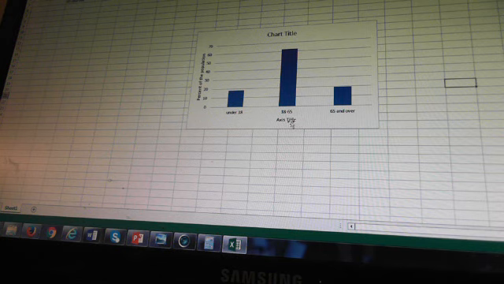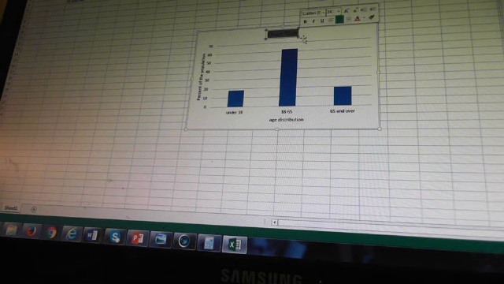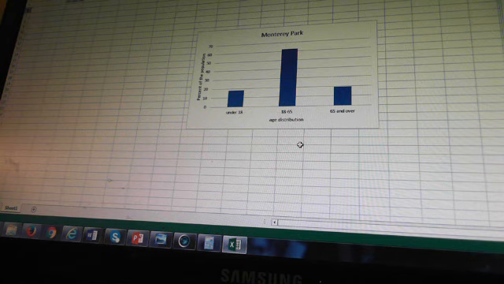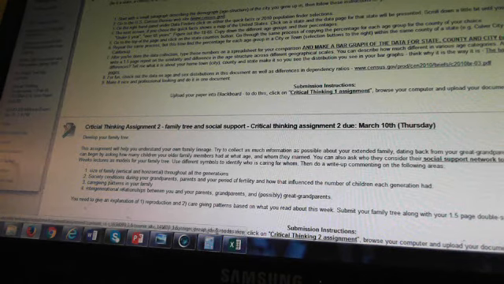And then this right here is age distribution, and this right here is Monterey Park. I've got everything I need now. I'm going to put that into the paper I write. You do the same thing for LA County, and the same thing for the state of California. So we're all good on that, and that's it.